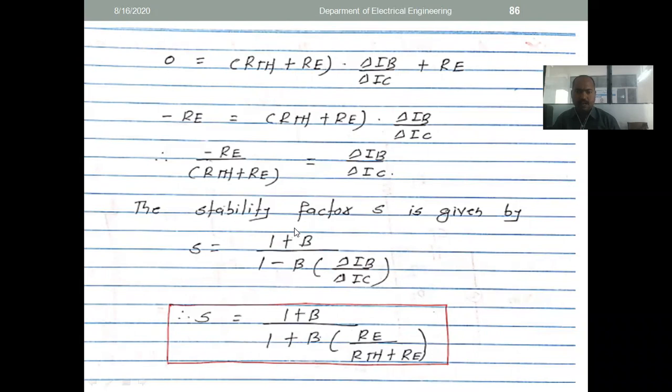Minus and minus becomes plus, so S is 1 plus beta divided by 1 plus beta times RE divided by RTH plus RE. So this is the calculation for the stability factor. Did you get the same thing?